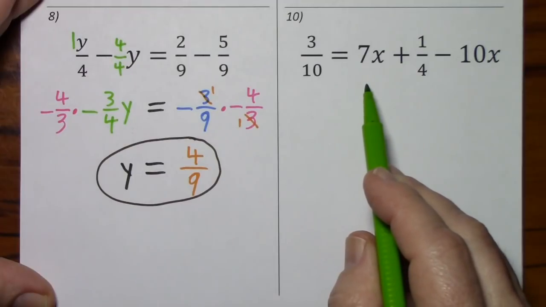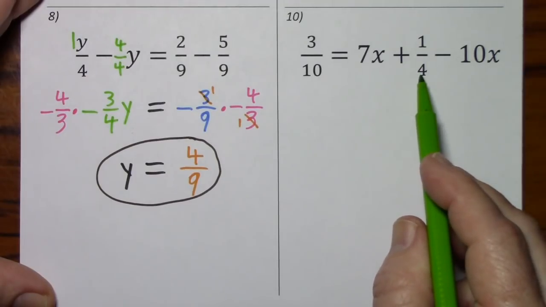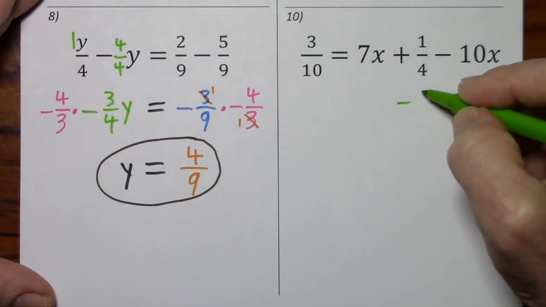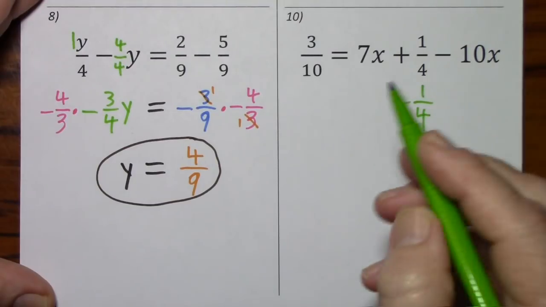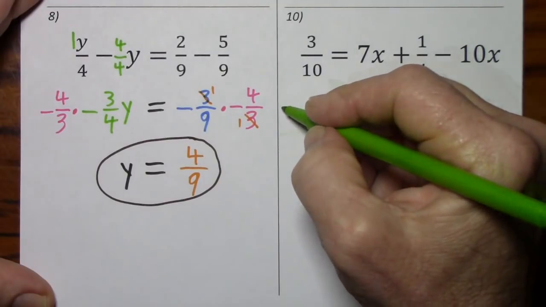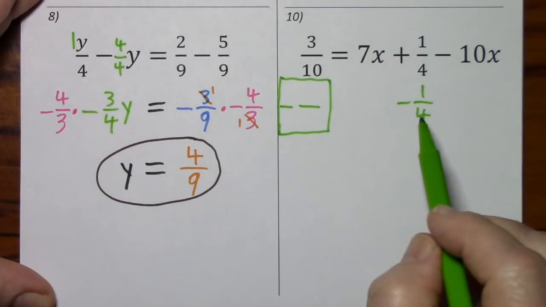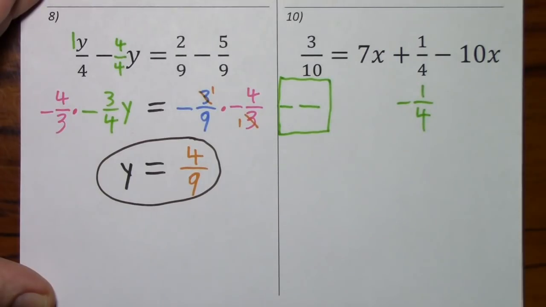Looking at number 10, this is the last one we'll solve. I can combine these two like terms. I want to get rid of the 1/4, so I'll put negative 1/4 underneath, which means I want something that's equivalent to a negative 1/4 over here, but I want a common denominator. Looking at 4 and 10, the common denominator is going to be 20.